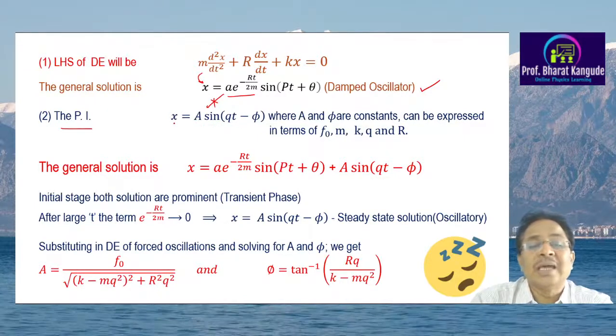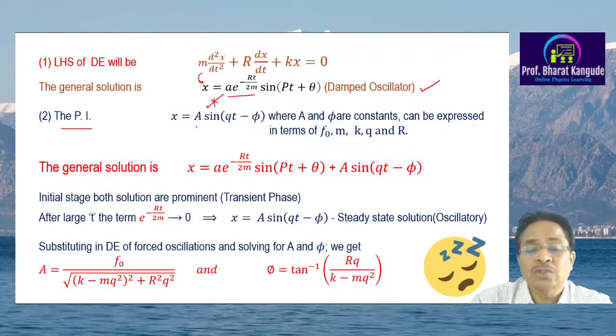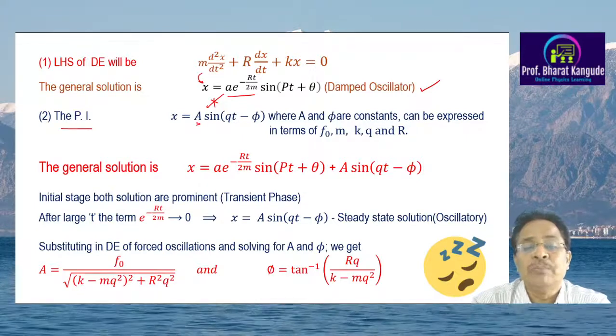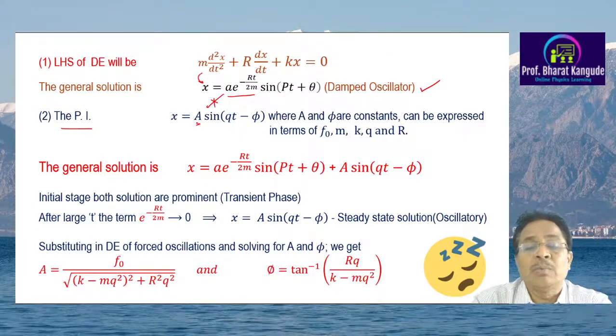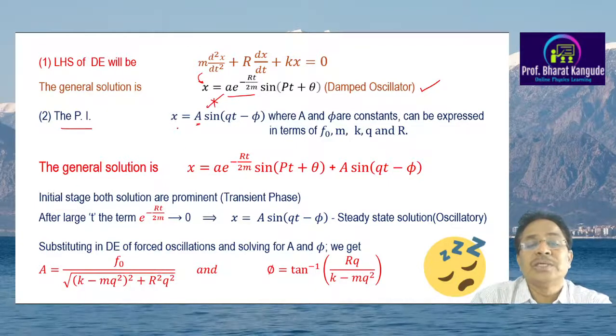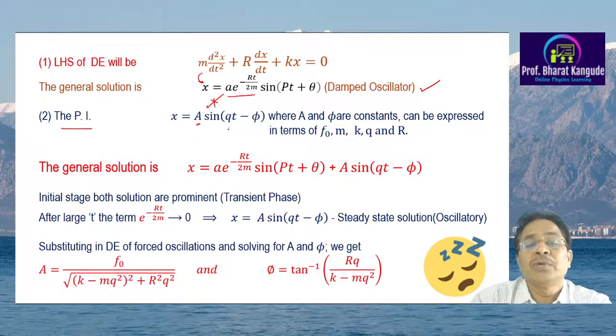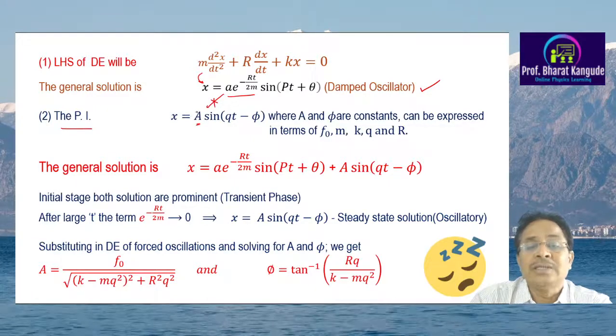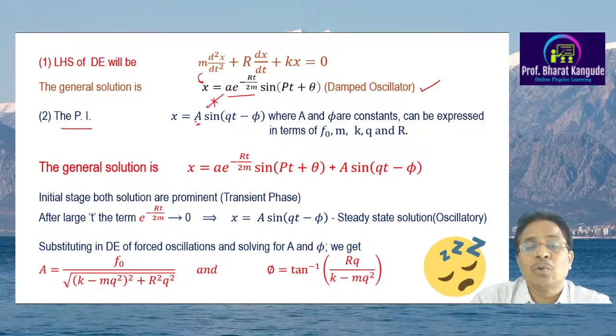To have x with dimensions of length, this a has been added. So this a is the amplitude, which has dimensions of length, and the particular integral form of the solution is x equals a sine of qt minus phi, because this solution is oscillatory and a is the amplitude of this motion.